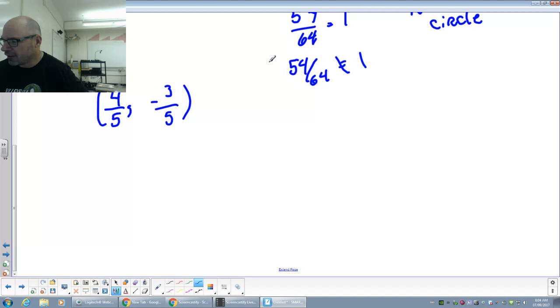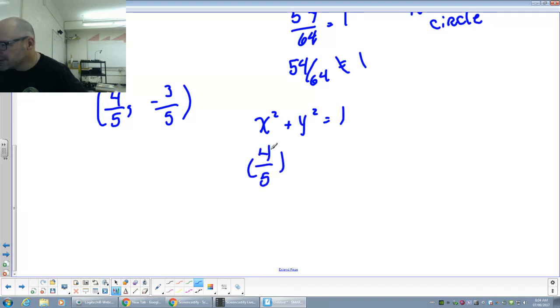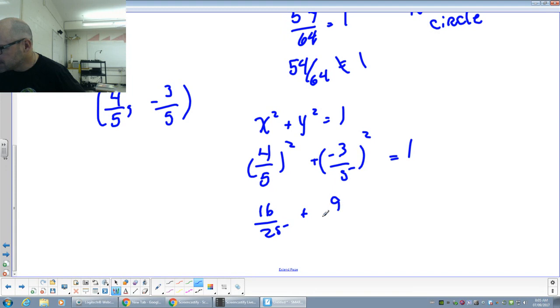Okay, so if you tried it, all you did was go x squared plus y squared equals 1. So that would be 4/5 squared plus negative 3/5 squared equals 1. So 4 squared is 16, 5 squared is 25, plus negative 3 times negative 3 is 9/25 equals 1.